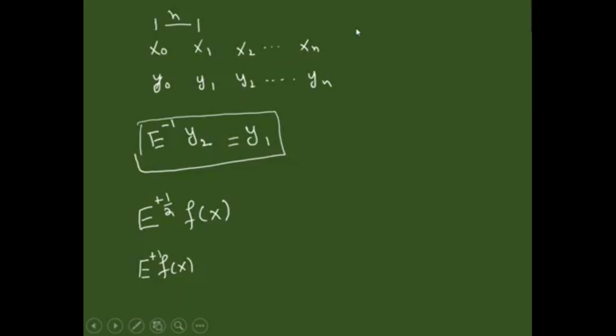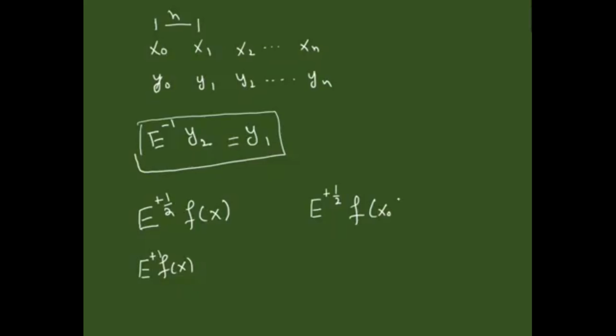So if I say half of it, this means that I want to move forward from certain value x, but not completely. I want to move half of the distance only. So what does this mean? For example, you want to compute E^(1/2) of f of x naught, and the data is defined like that.